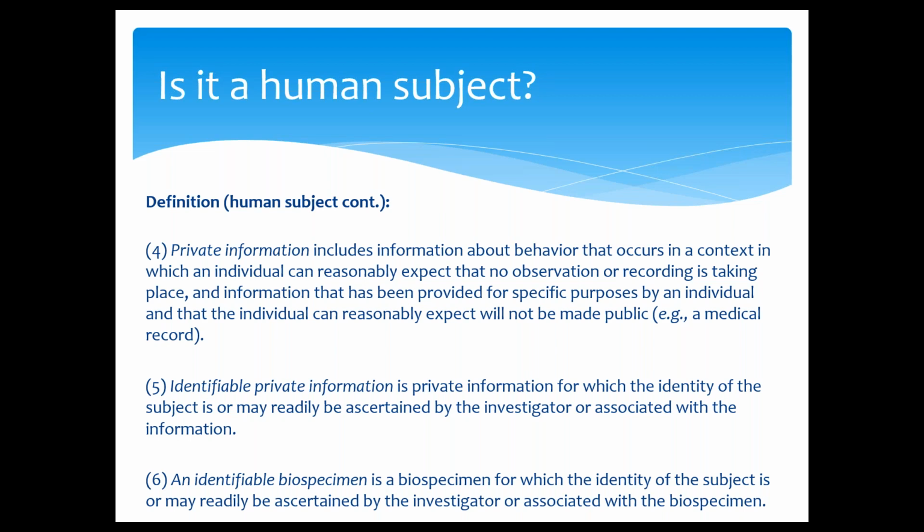Private information includes information about behavior that occurs in a context in which an individual can reasonably expect that no observation or recording is taking place. And this is probably the most important part of the definition here, or at least in my view. And the information has been provided for specific purposes by an individual that they can reasonably expect will not be made public.